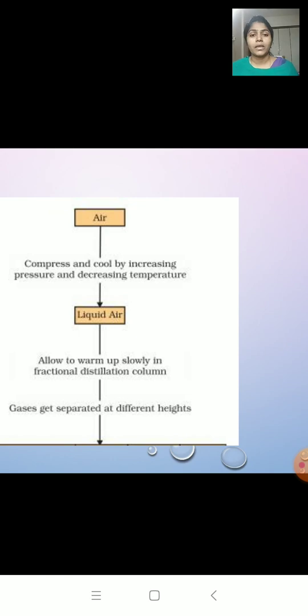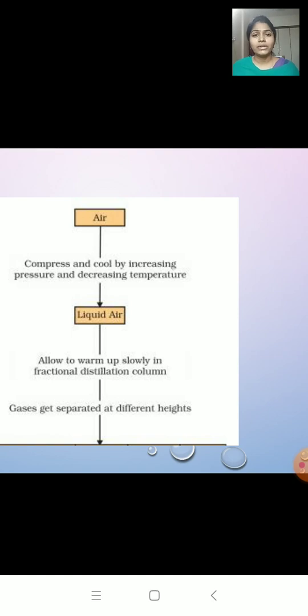Let's take a quick recap. First the air is filtered to remove the impurities. Then the air is passed into the compressor, where it is compressed at a high pressure. The compressed air is then sent into the freezing unit, where the air is cooled.